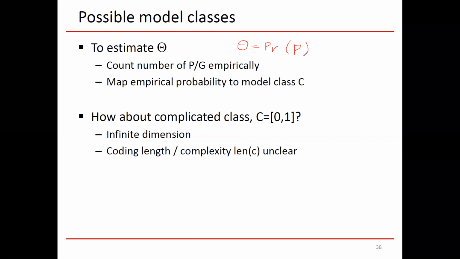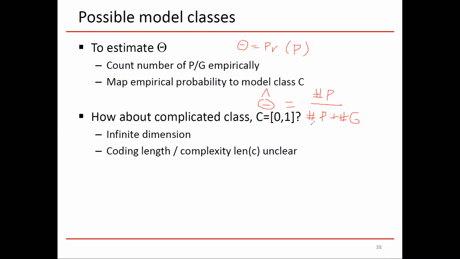So suppose theta is the probability of purple, and theta hat would be the number of purples divided by the number of purples plus the number of greens. So we counted the number of greens in the data, we counted the number of purples in the data, etc.